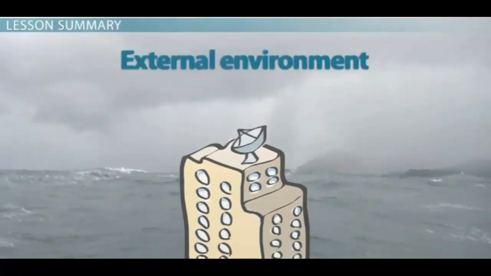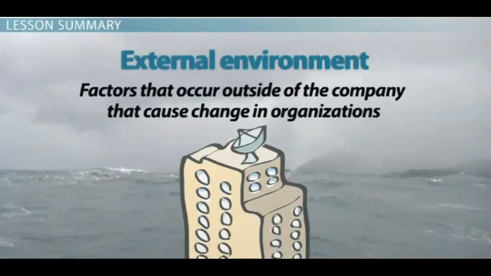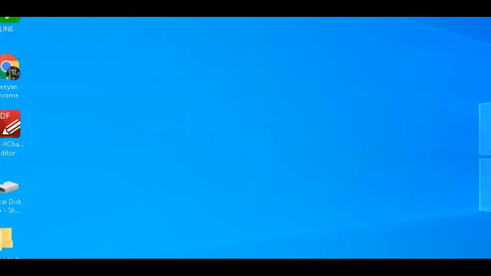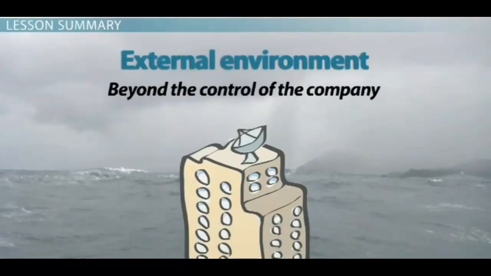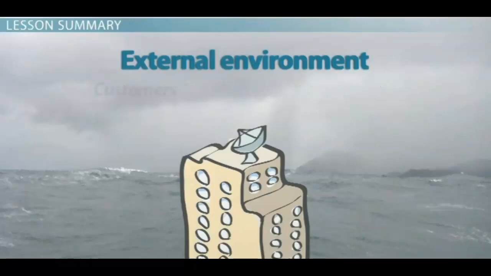The external environment are those factors that occur outside of the company that cause change in organizations and are for the most part beyond the control of the company. Customers, competition, the economy, technology, political and social conditions, and resources are common external factors that influence the organization.